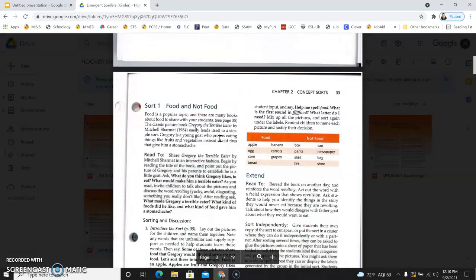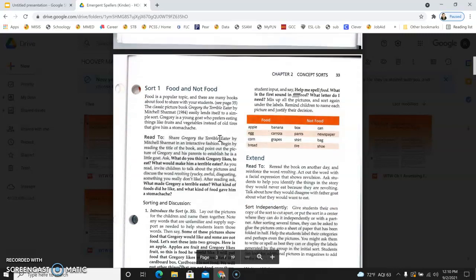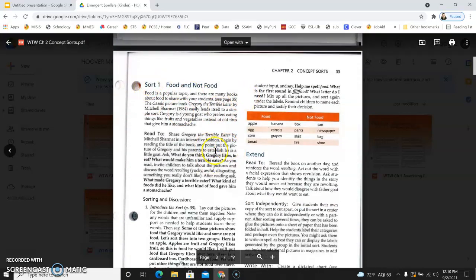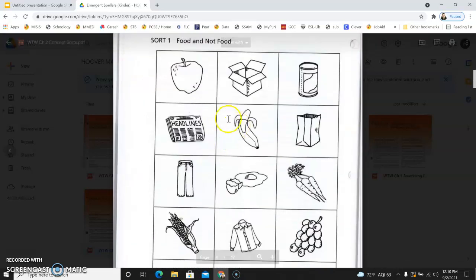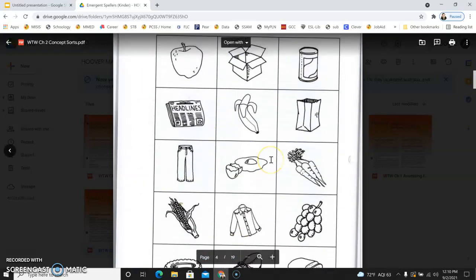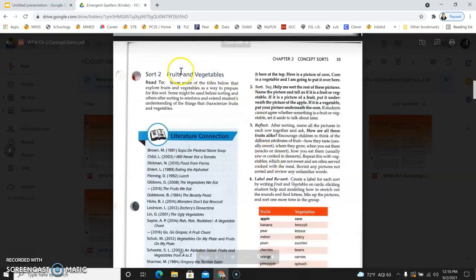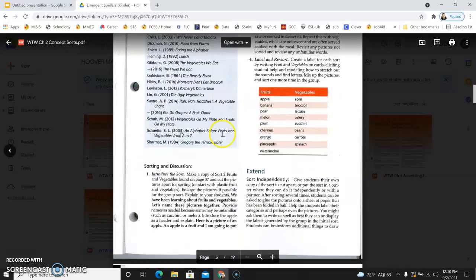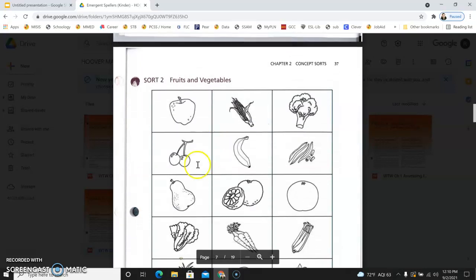It's short, usually about 1 or 2, maybe 3 pages. Then we have the instructions for the first word sort and the actual word sort. This would be the activity that you would give to the students. And then the instructions for the second word sort and the actual word sort.